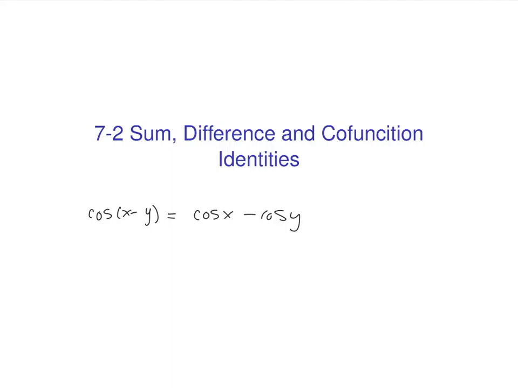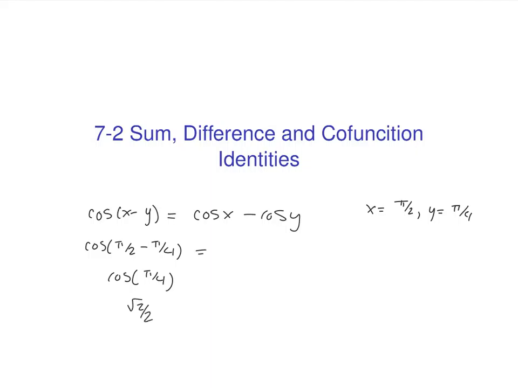But if you try certain numbers, let's say x equals pi halves and y equals pi quarters, this would be cosine of pi halves minus pi quarters, which would be cosine of pi quarters, which is root 2 over 2.